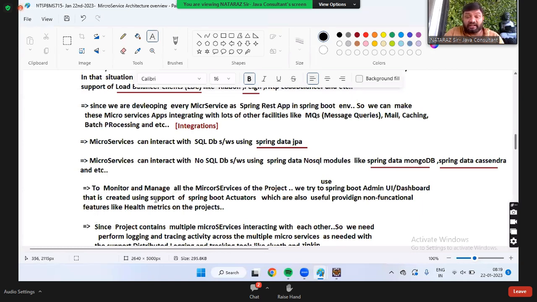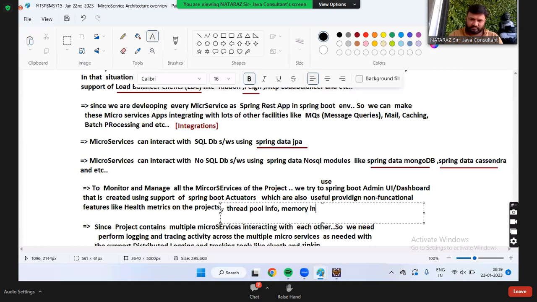That is created using the support of Spring Boot actuators, which are also useful for providing non-functional features like health metrics of the project, thread pool info, memory info, thread dump info, and etc.